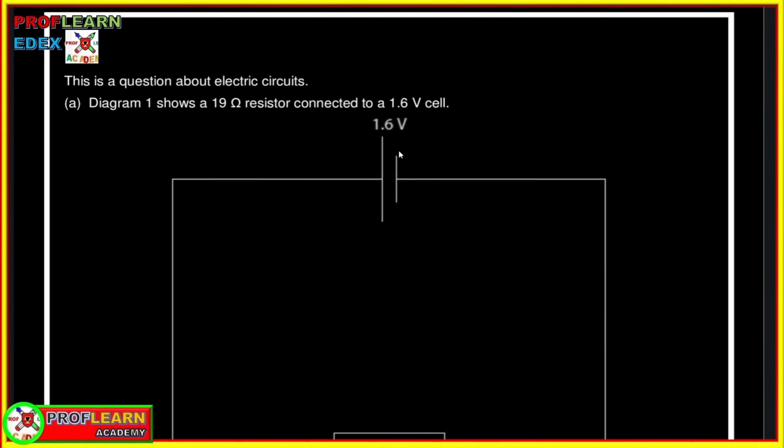So if they are in series, what is going to be the same in the two components is the current, but the voltage is going to be different. From the previous question, we said that what's the same in two components which are in parallel is the voltage, but the current is different.